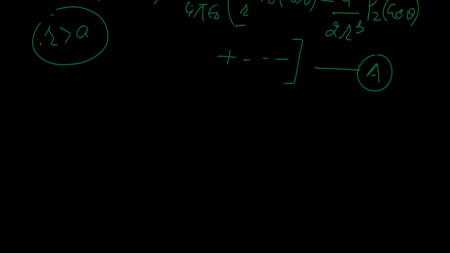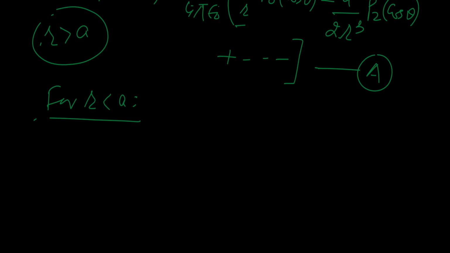Now I am considering another case, for which r is less than a. For r less than a, in this situation, for the finite value of r, let us see the expression for potential.